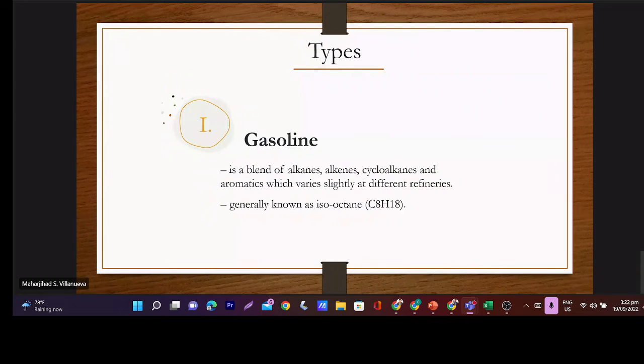Itutuloy na po sa types na po ba? Tapos na po sir dun sa refining process po. Itutuloy na po sa types. Hello po.